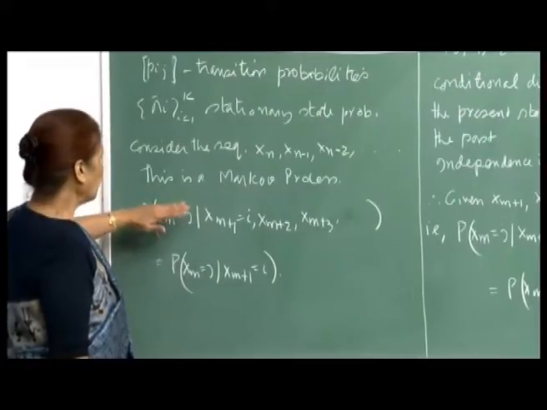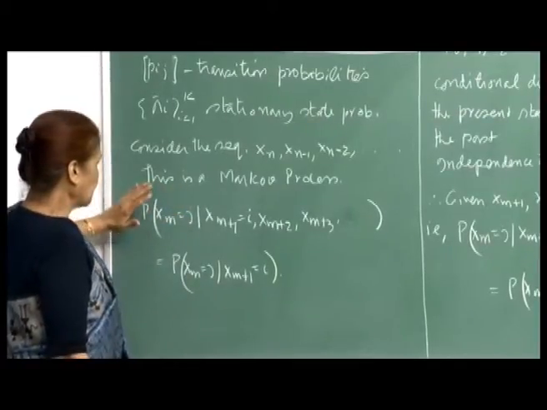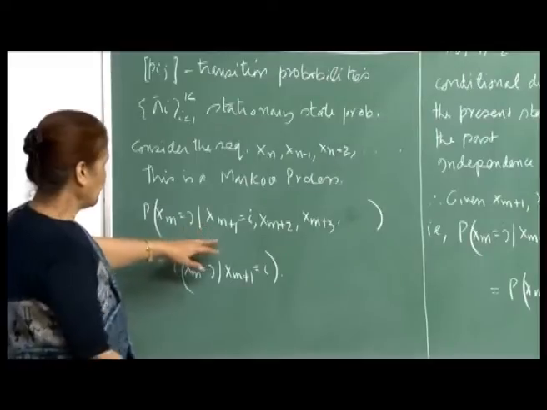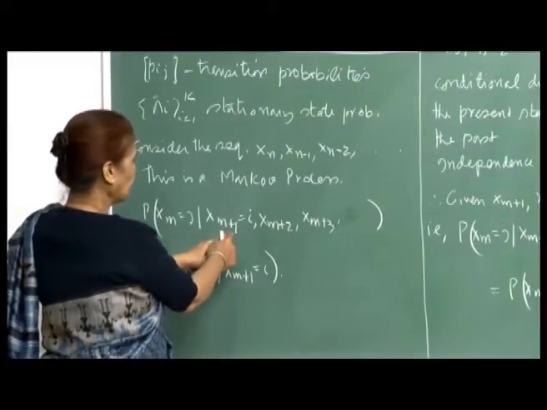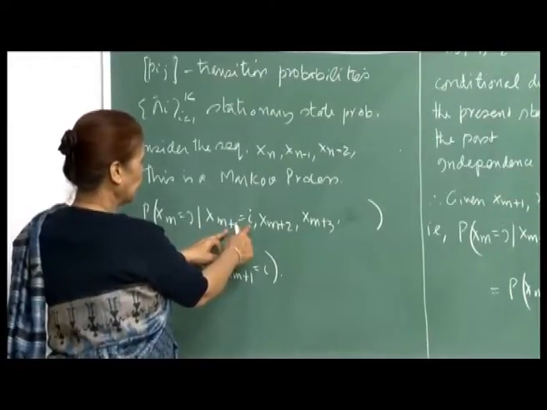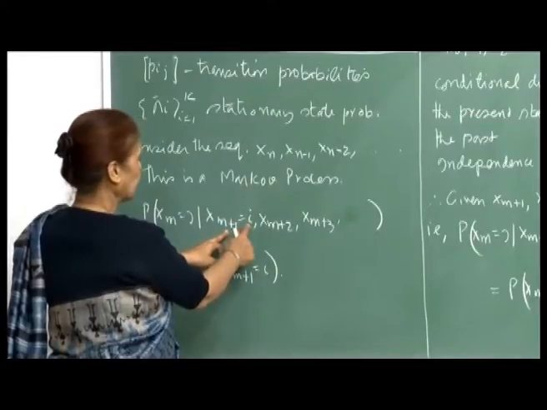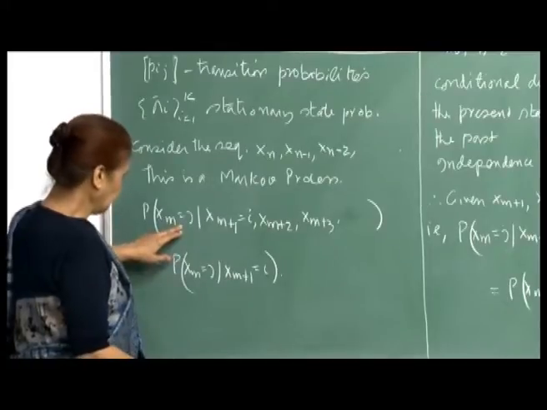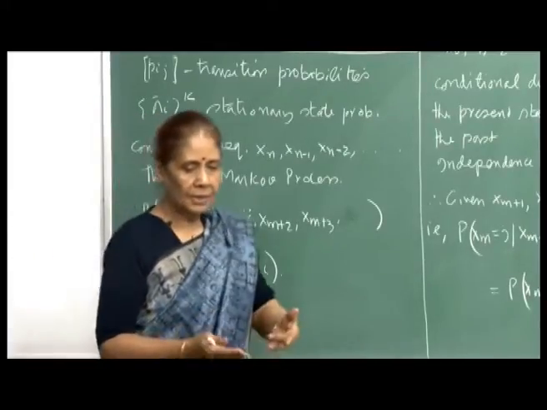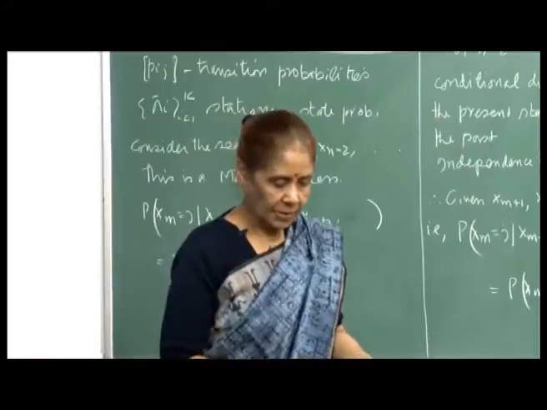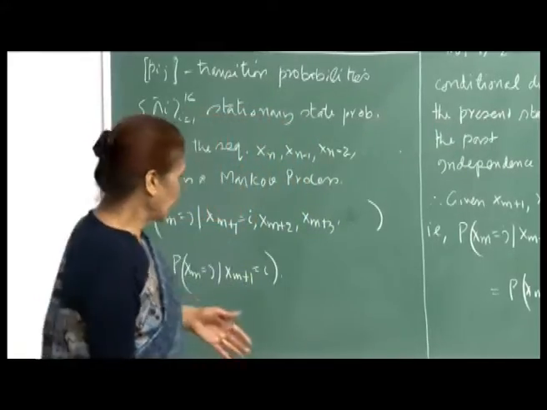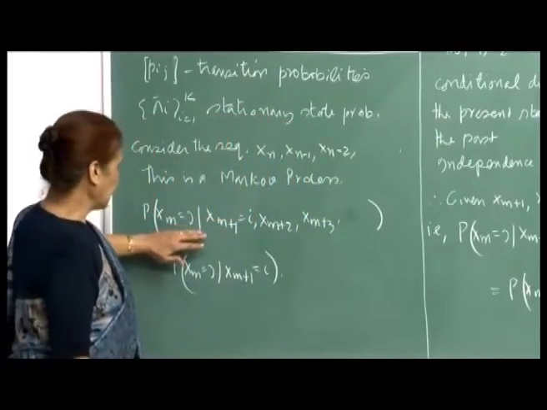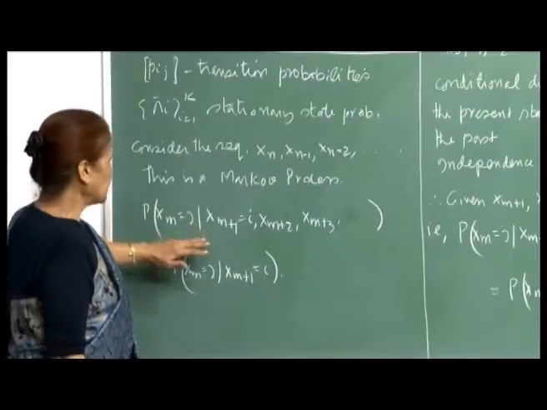Now how do we show this? To show this, I have to show that, suppose the current time is m plus 1 and the system is occupying state i, then we want to look at the probability for the time period just before that, that means today and yesterday. So, it was x m equal to j. You want to look at the conditional probability.